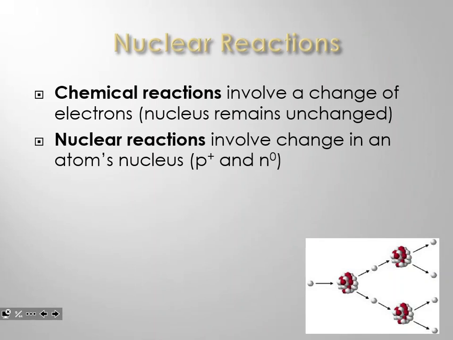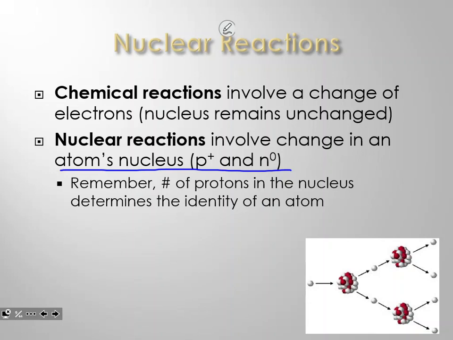The protons and the neutron numbers are what are going to change, and that is going to change the overall element that we're talking about. So for nuclear reactions, we're not really focusing at all on the electron cloud. We will be focusing on changes that occur in the nucleus of the atom, the protons and those neutrons there. That's what we need to be concerning ourselves with as we're going along.